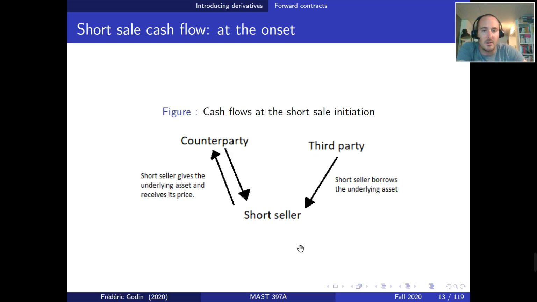The short seller, the person who wants to sell the asset he doesn't have, borrows the underlying asset from a third party, and then sells it to some counterparty in the market, and the counterparty provides to the short seller the value of the asset on the market. So for example, if on that date the Microsoft share is worth, I don't know, $500, then the short seller gives the share and the counterparty pays $500 to the short seller. So this is at the initiation date of the short sale.